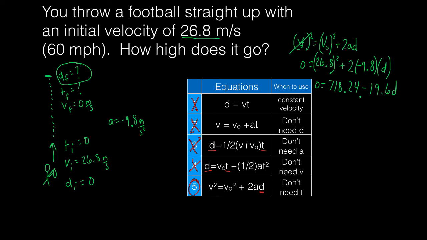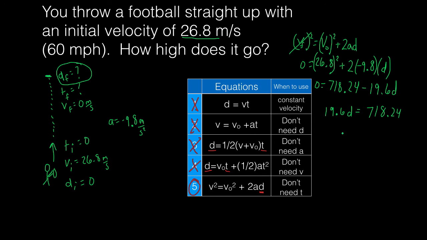I'm going to add 19.6d to each side and make that positive. So 19.6d is equal to 718.24. Now to solve for d, I'm going to divide each side by 19.6. So 718.24 divided by 19.6.